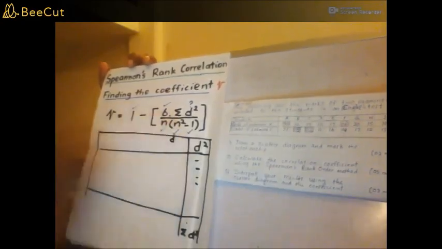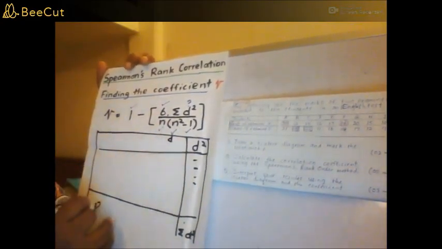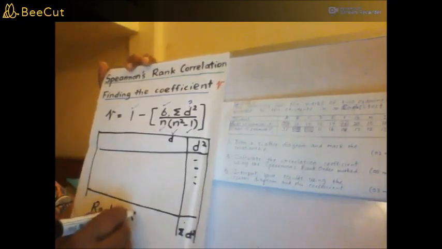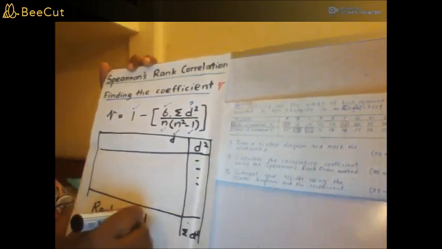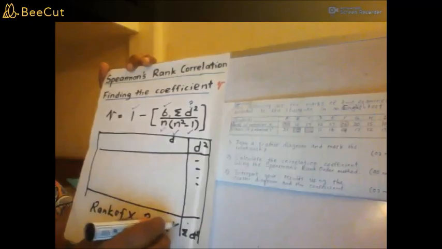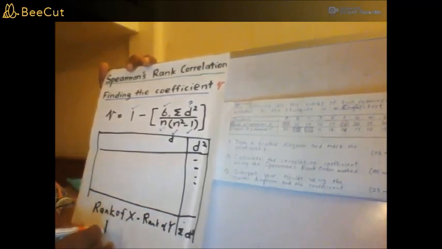D means rank of x minus rank of y. Rank of x, we write it like this, rank of x.